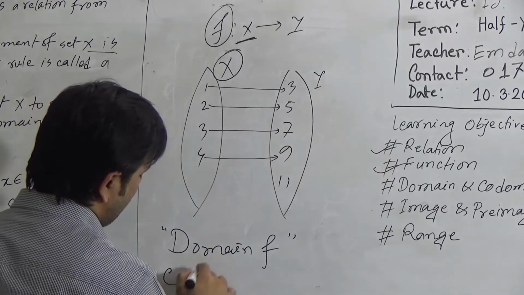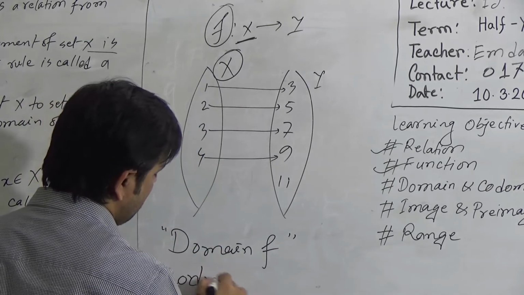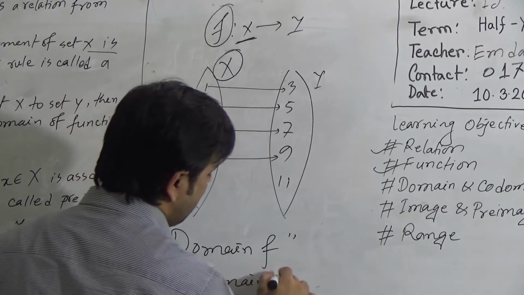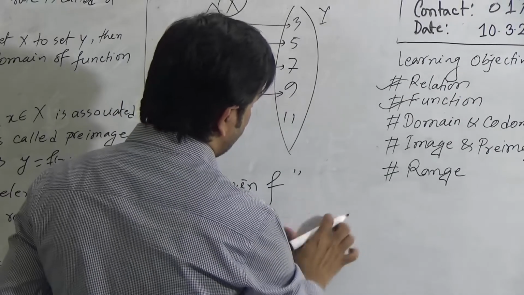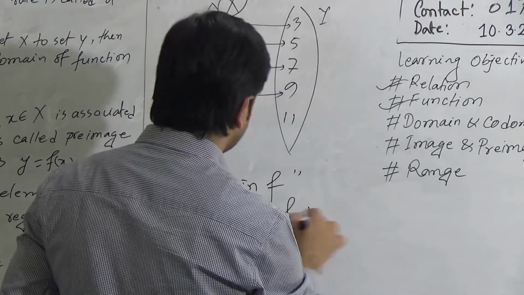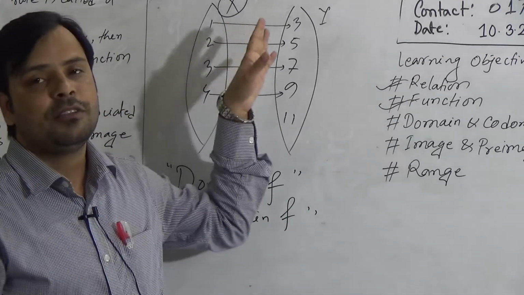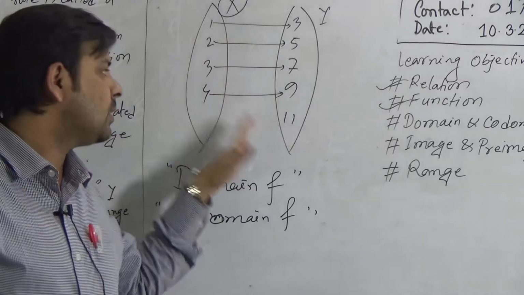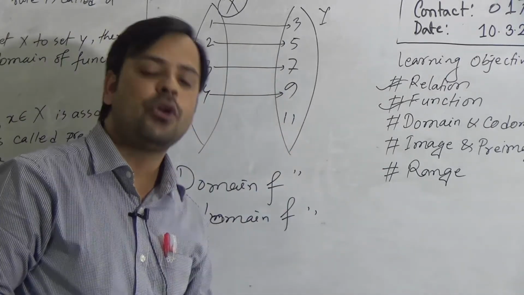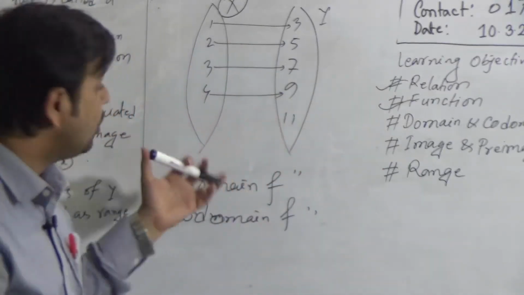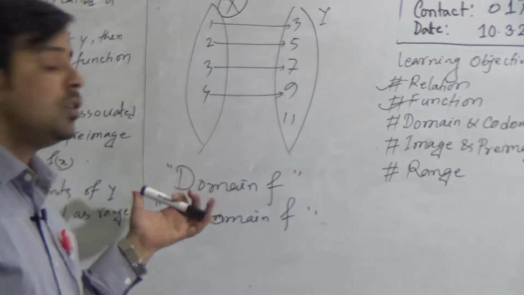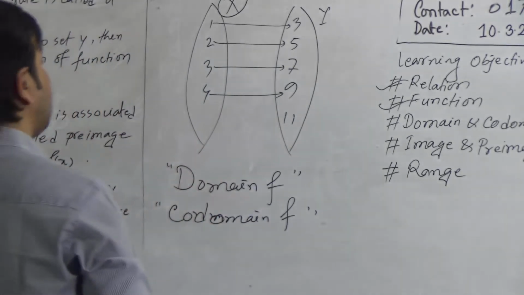We can write codomain of f. It means that in case of a function, the first set is known as domain and the second set is known as codomain. Okay, dear students, I hope the concept of domain and codomain is clear now.